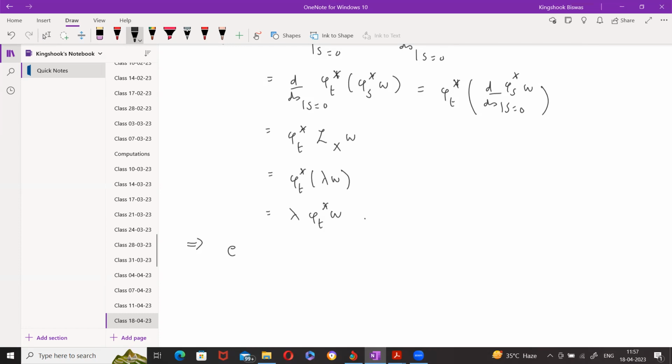So e to the minus lambda t into d/dt of phi t star omega minus lambda phi t star omega. This is 0. On the other hand, this is equal to d/dt of e to the minus lambda t phi t star omega. Right?